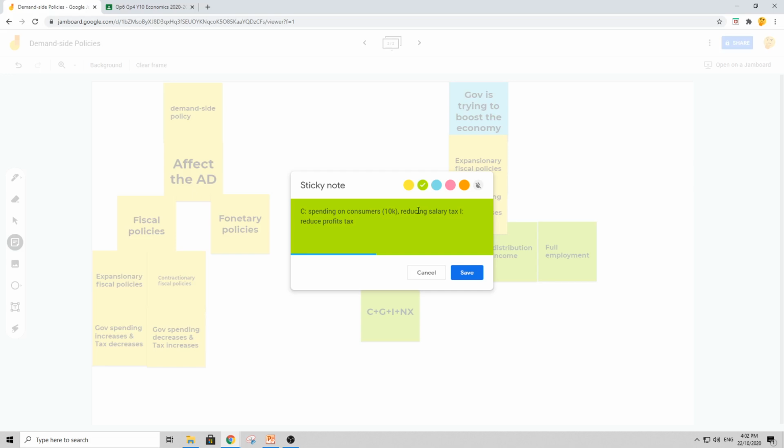Or if the government is able to subsidize firms, like what Matthew said, firms will have more money to spend on investment, on new machines, new technologies, more R&D. The economy will grow, possibly.